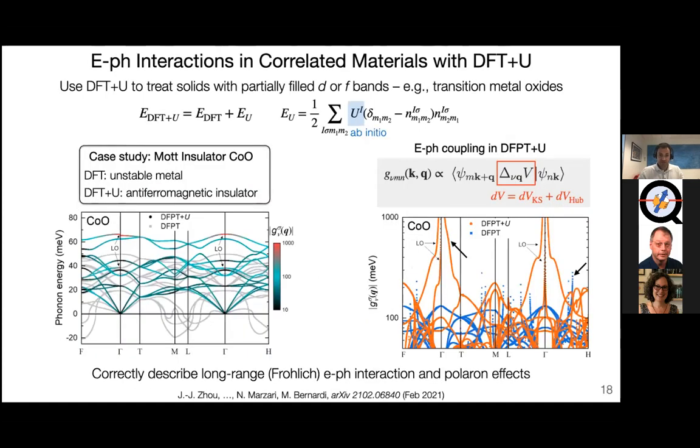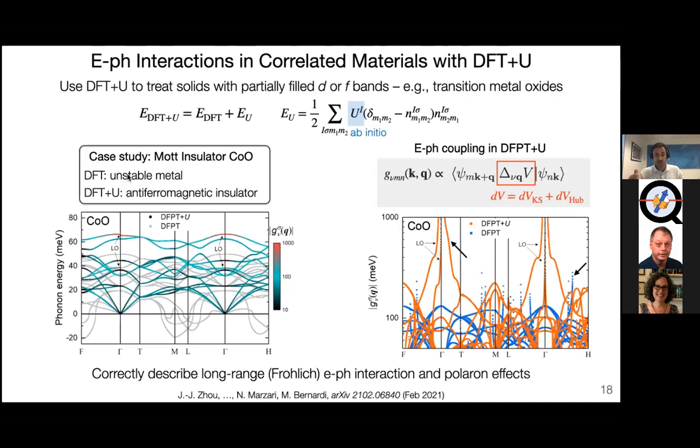So we've taken a first step in describing transport properties in correlated systems in this recent work, where in a collaboration with Nicola Marzari, we have developed electron-phonon calculations in correlated systems in the framework of density functional theory plus U. Now, to focus on a case study that we show in this work, we focus on this Mott insulator, cobalt oxide, which in density functional theory is predicted to be an unstable metal.